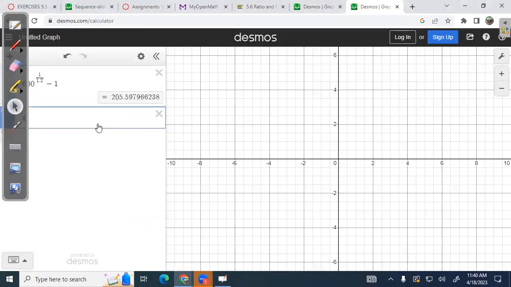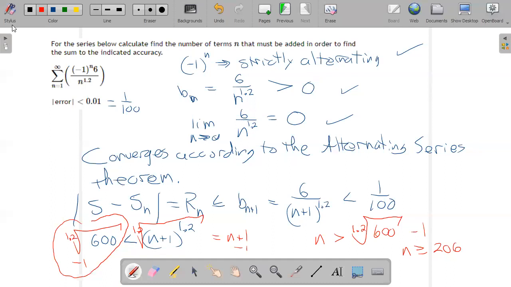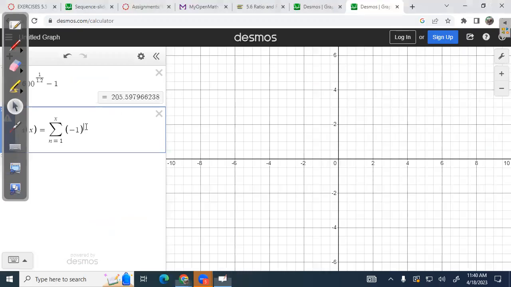So I'm going to create another sum formula. S of x equals the sum as n goes from 1 to x of (-1) raised to the power n, since it was just n instead of n plus 1, times 6 divided by n raised to the power 1.2.